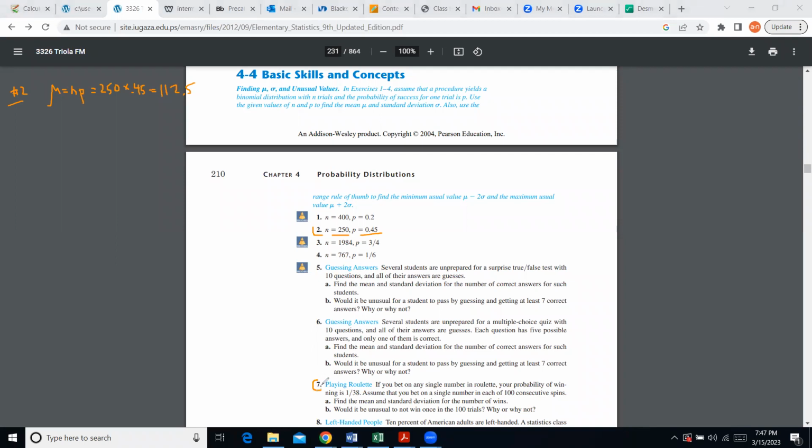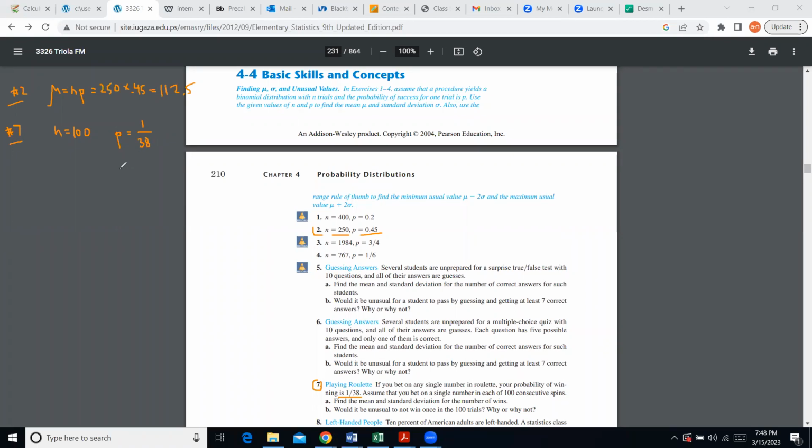Say if you decide to play roulette, then the question in exercise number 7 is, if you decided to play it 100 times, so the number of times n is equal to 100, and the chance to win, we call it p, the probability to win, is 1 chance out of 38 to win.